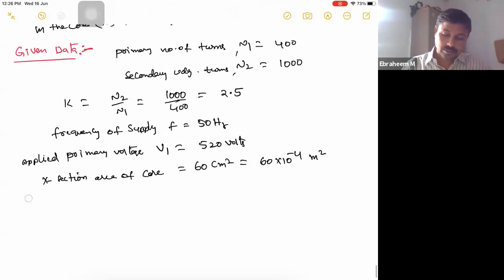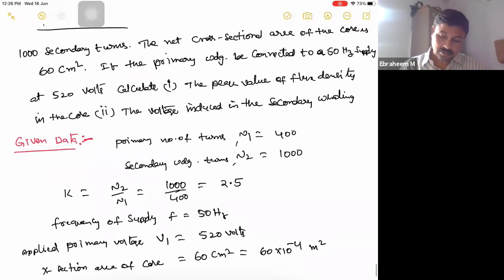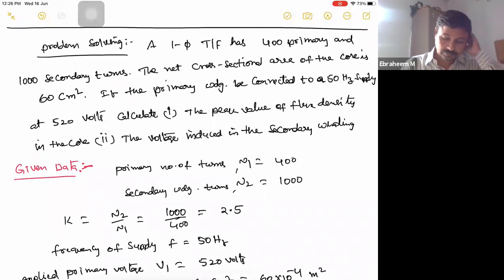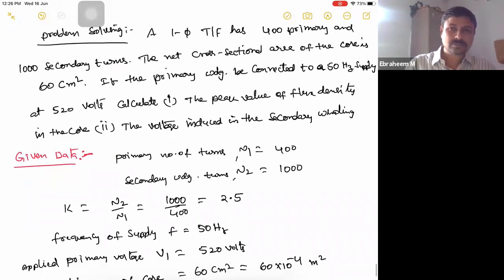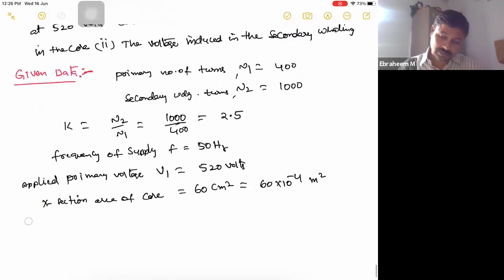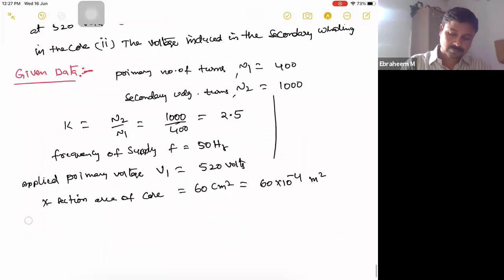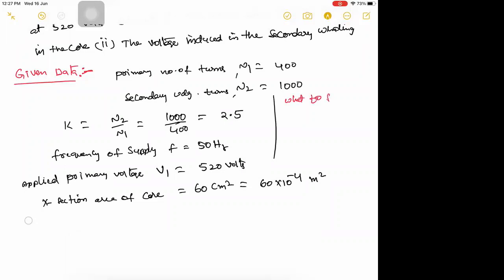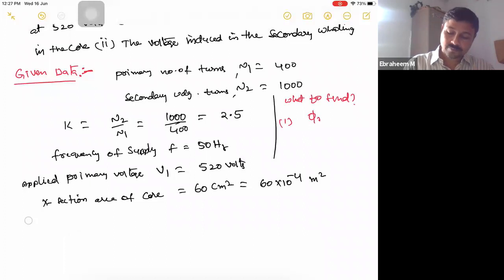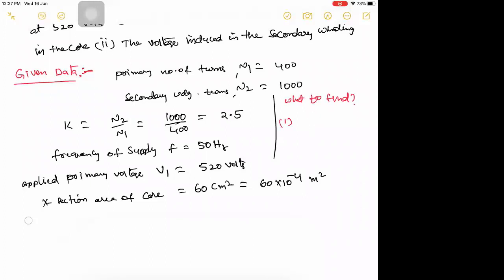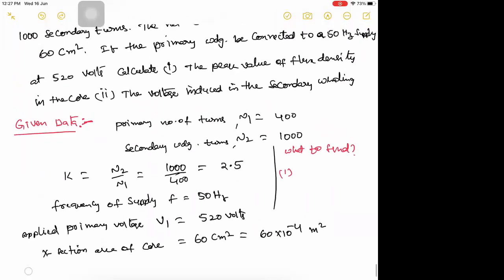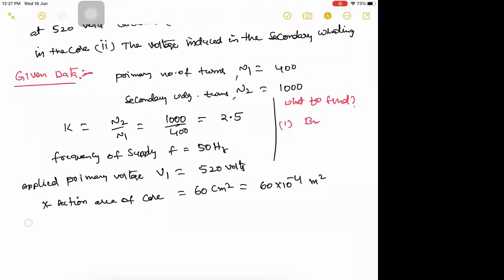What else? Now that is given, we have to find out what to find. Peak value of flux density, B maximum, flux density, B max.